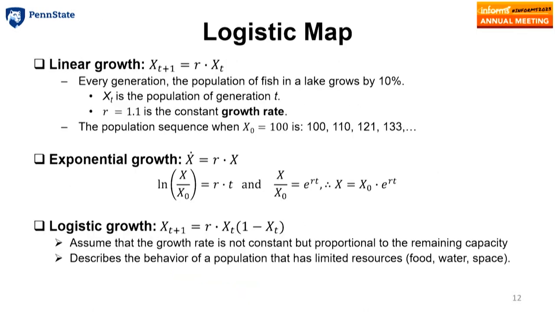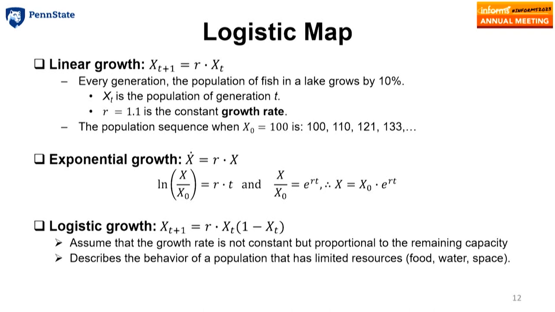Just now we looked at a three-dimensional complex nonlinear system. Now let's have a look at a one-dimensional example. First, the linear system: x(t+1) equals r x(t). Every generation, the population of fish in a lake grows by 10%. x(t) is the population of generation t, and let's suppose the parameter 1.1 is the constant growth rate.